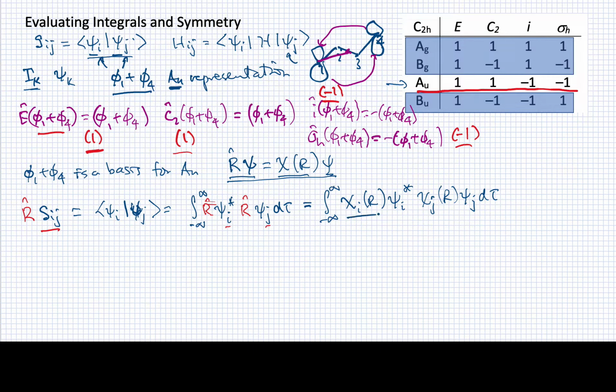But these two things are not part of the integration variables, so these can actually be brought out front of the integral. So this will equal chi sub i of R, chi sub j of R, multiplying this integral, but this integral is just S_ij.